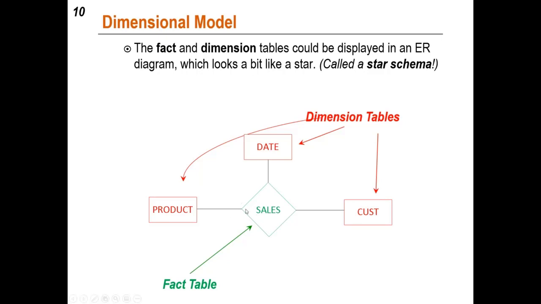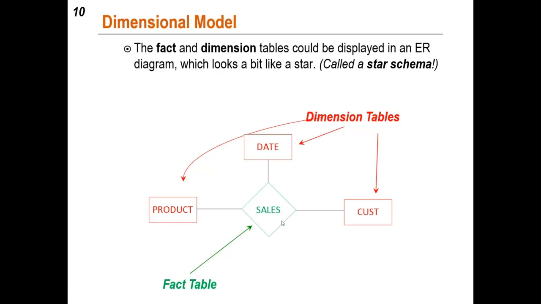The main reason is we can find out which customer bought which product at which date, which time, etc. So going through these different dimensions, we can create queries, aggregate queries, to handle these facts, right?